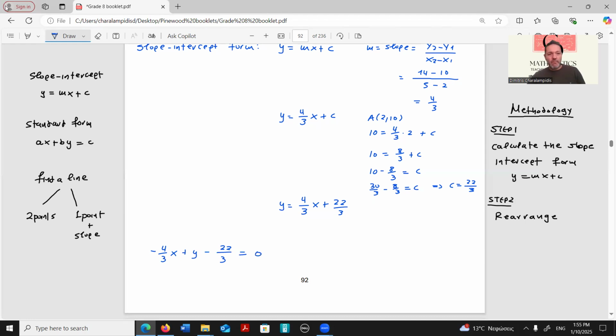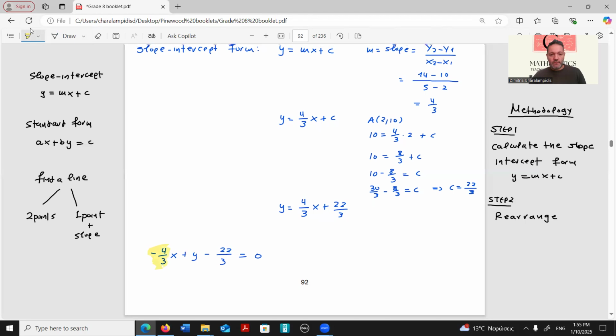But then remember that I do need these to be whole numbers. Right now, they're not. How can I make them whole ones? I can multiply everything by 3 in this case. It's always about multiplying with the LCM of the denominators. Here, the denominators are all 3.